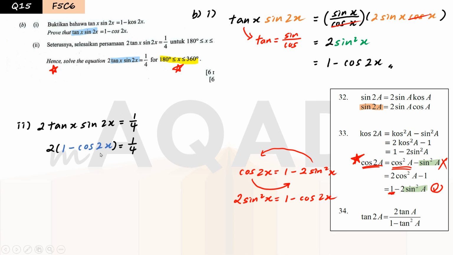Now we can simplify this equation even further. The 2, I'm going to move it to the other side, so 1 over 2 divided by 2. Then I'm going to move this 1 to the other side, so here would be minus 1. Then I'm going to move this negative to the other side. Once we've done that, cos 2x will be equal to 7 over 8.